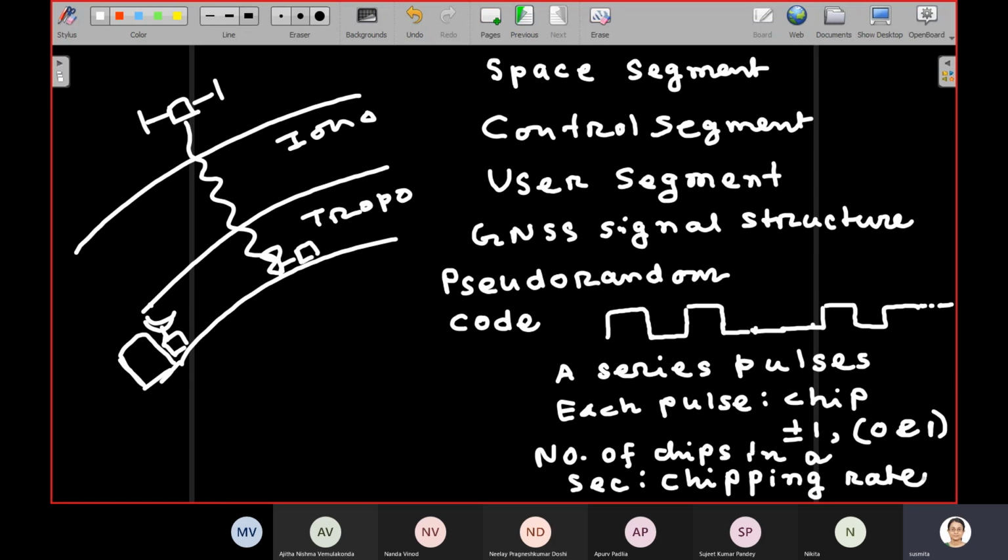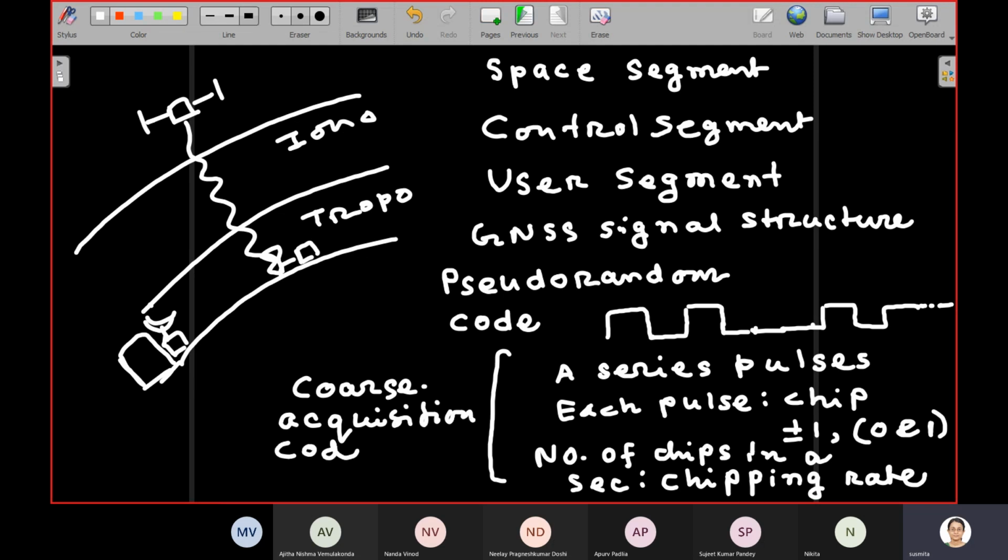Now in this class we are mainly interested in GPS and NavIC. So they use different codes. The simplest one is called coarse acquisition code, CA code.